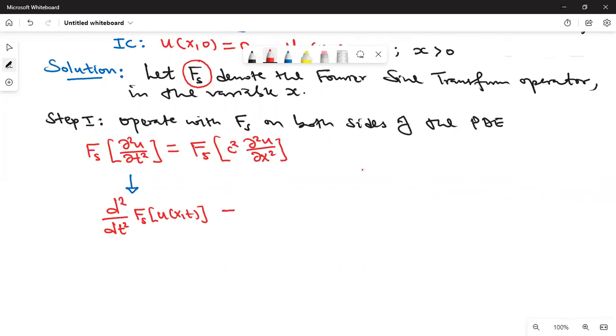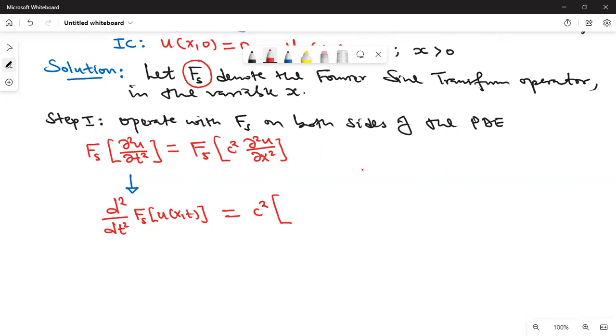On the right-hand side, I will have c squared times the Fourier transform of the second derivative of u with respect to x twice. And that Fourier transform, of course, we are not going to derive it, because I expect that you know how to derive it based on the given boundary condition.